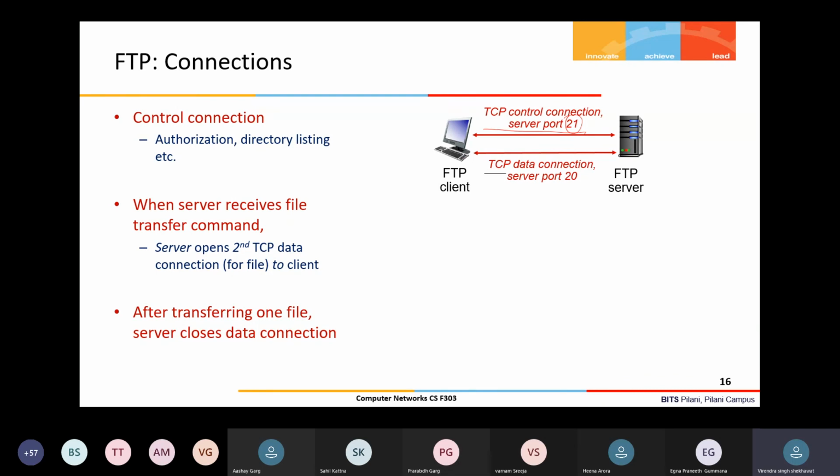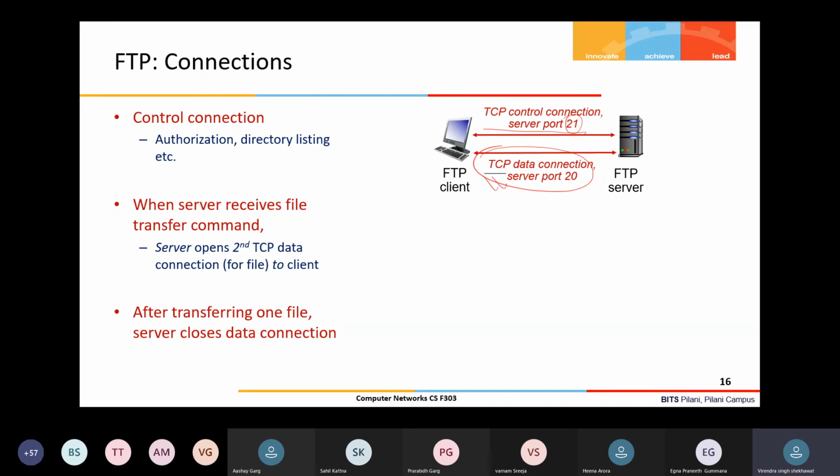If you are downloading a file, then for downloading the file another TCP connection will be opened, that is on port number 20, and on that the data will be transferred. Once the data transfer is complete, the data connection will be closed.